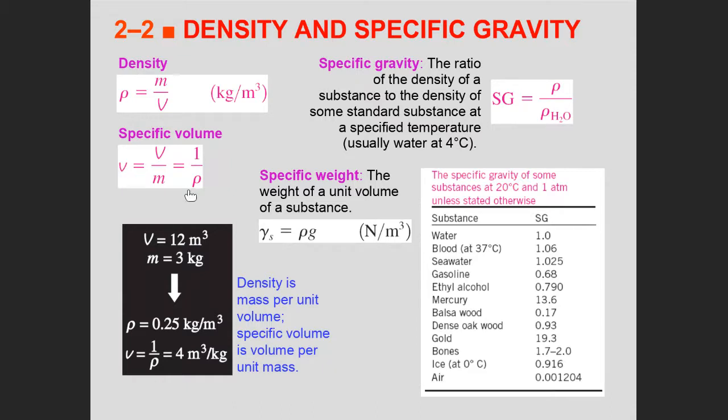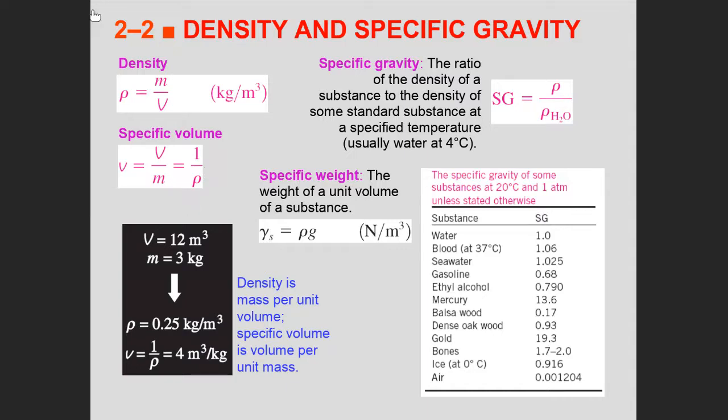But remember, the density is kilogram per meter cube. So basically, the specific volume is related to the density as v equals 1 over rho, or rho equals 1 over v.